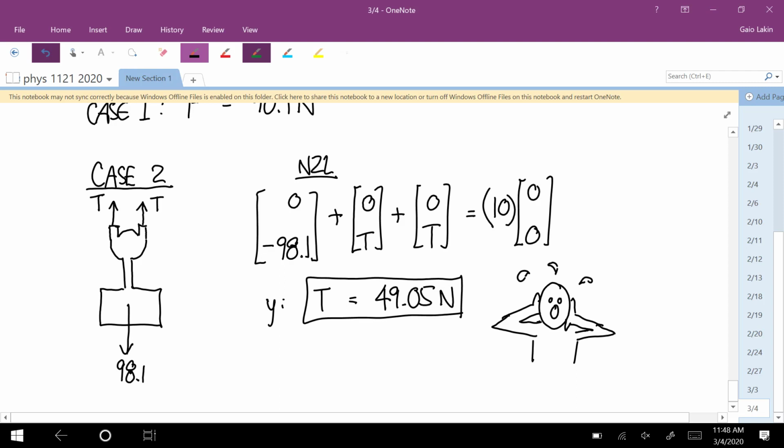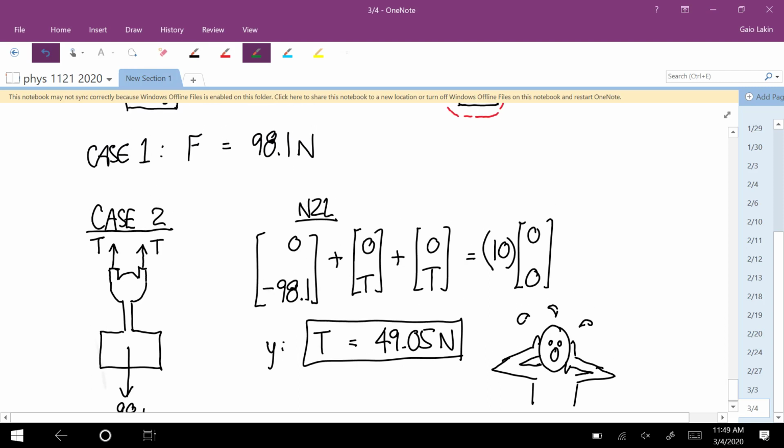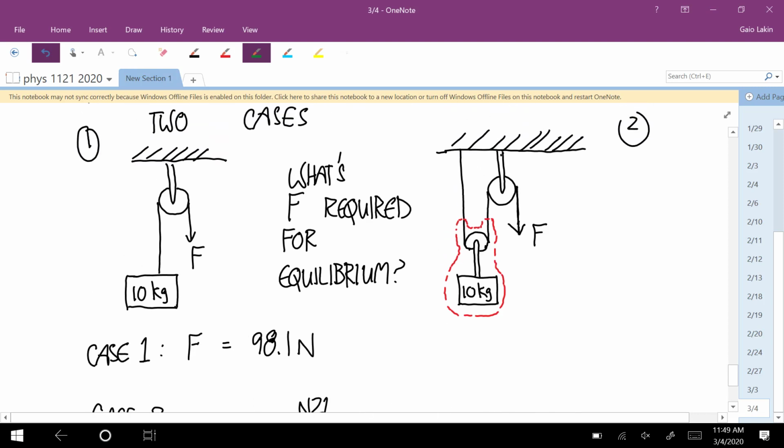Okay, so with this very specific setup of pulleys, you can require less, and that T is F, because F is just a cable tension.